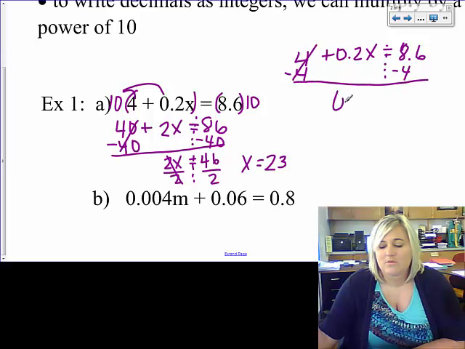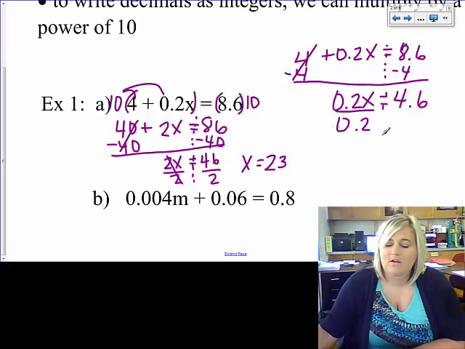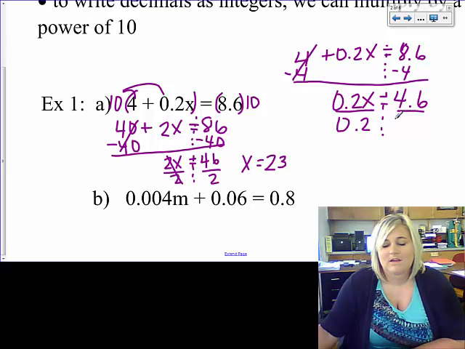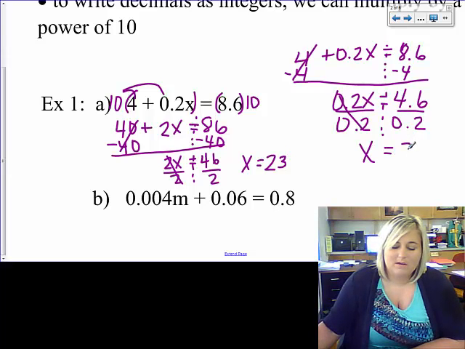I have 0.2x equals 8.6 minus 4 is 4.6. And then again I have to divide because these are being multiplied, so I have to do the opposite. So I'm going to divide by 0.2. What I do to one side of the equal sign, I must do to the other side. That will cancel out, leave me with x equals, once again, same thing, 23.